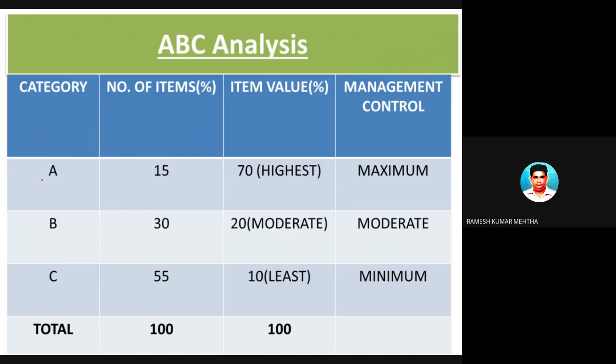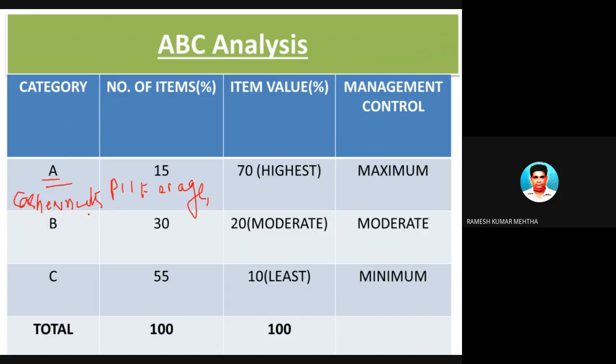I will give a small example of A category, for example, cashew nuts. It's a very costly item, and you can't keep it loosely, and you should preserve it properly. You should monitor this item very closely, and there should not be any scope for pilferage. Number one, means chori na ho jaye.